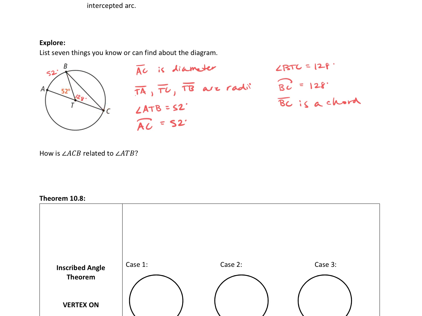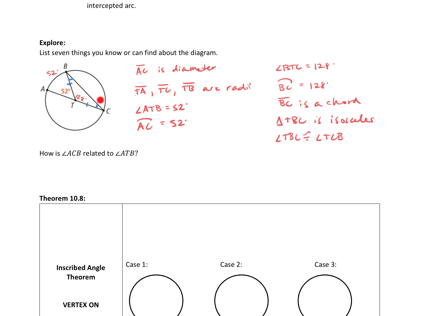Because triangle TBC has two sides that are radii of the circle, and we know that all radii are congruent, we can say that triangle TBC is isosceles. When you have an isosceles triangle, you have congruent angles. So this angle here at B and this angle here at C are congruent. So angle TBC is congruent to angle TCB.